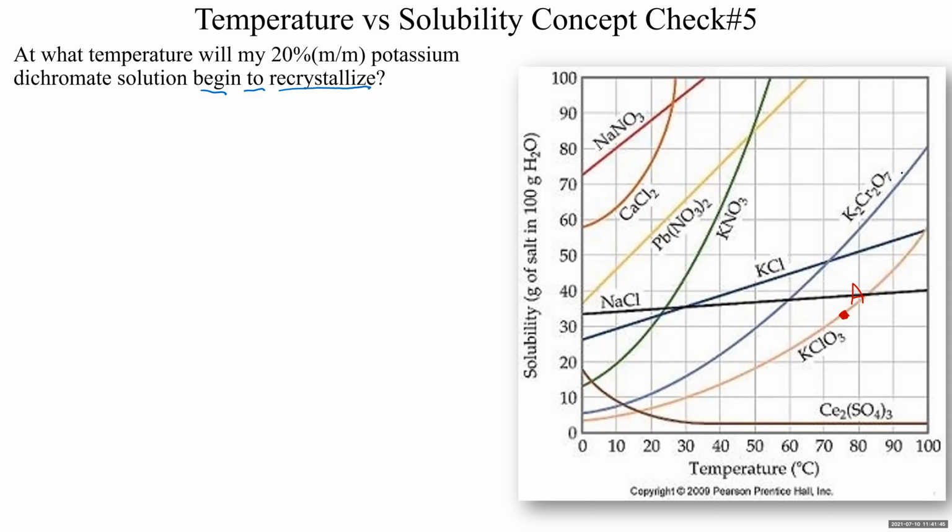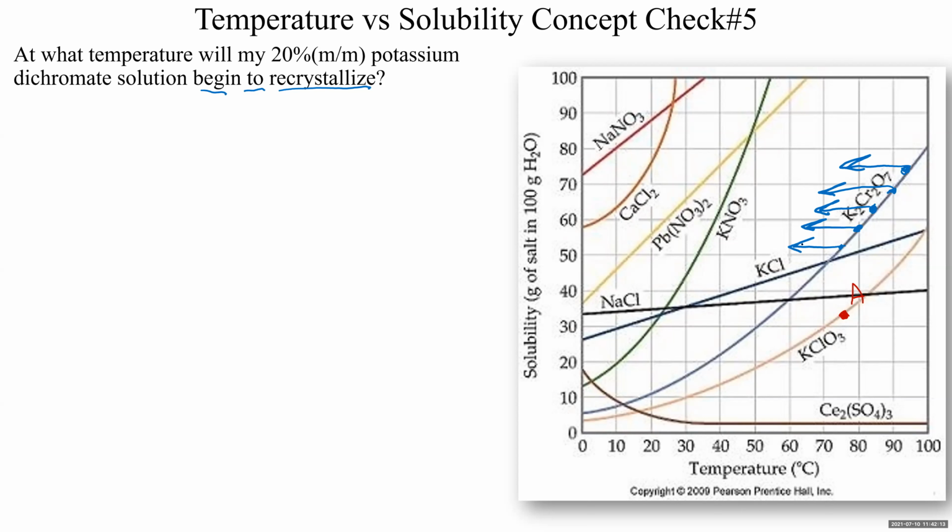We started with a saturated solution somewhere on a point here, and we're moving temperature-wise. The implication is that we're going from saturated at a high temperature to supersaturated at a low temperature. So at what temperature will my 20% potassium dichromate solution begin to recrystallize?